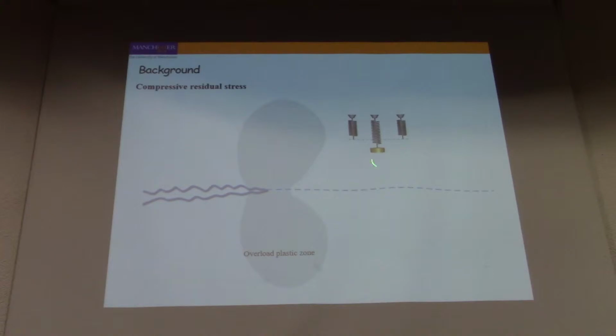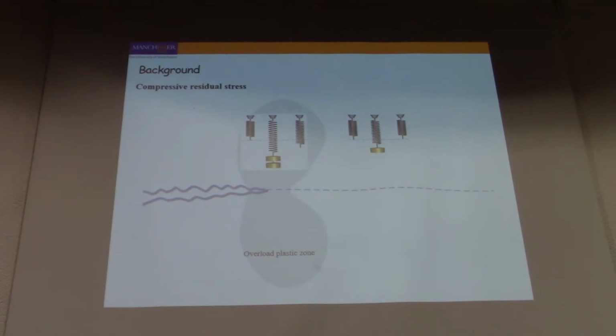When a moderate load is applied on the spring, after it is removed, the deformation can be fully recovered. However, for plasticity, if we apply a large load, when the load is removed, only part of the deformation can be recovered.